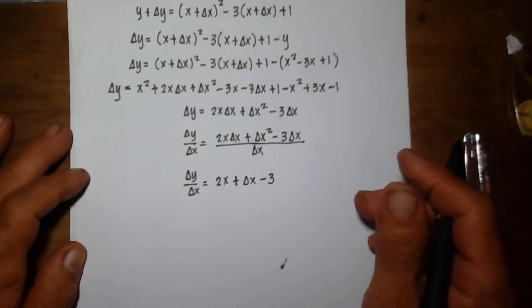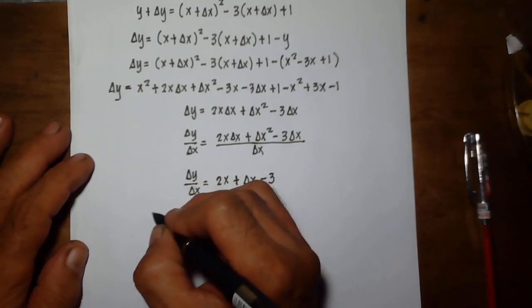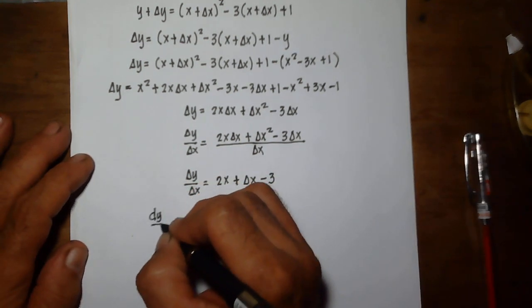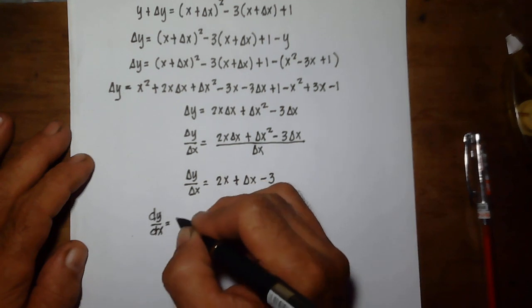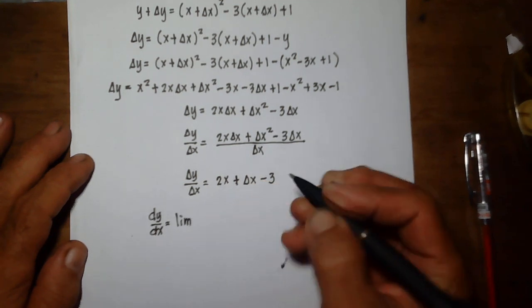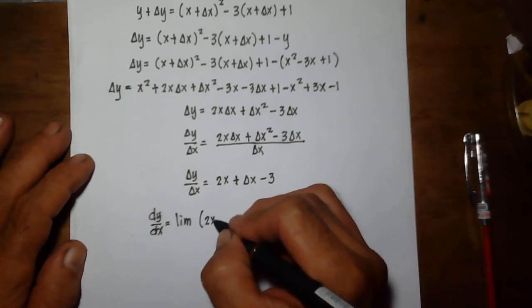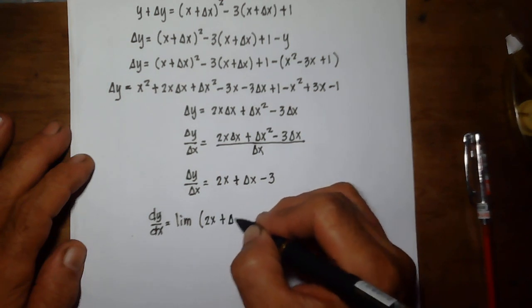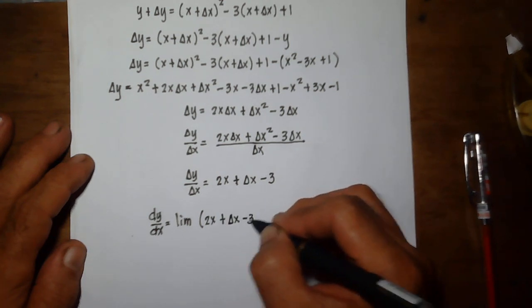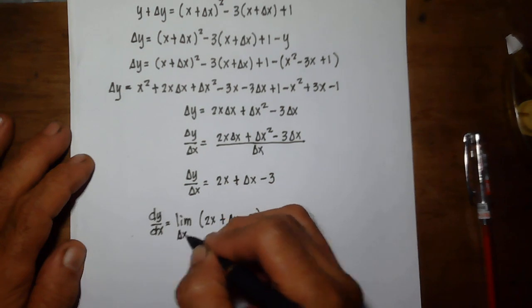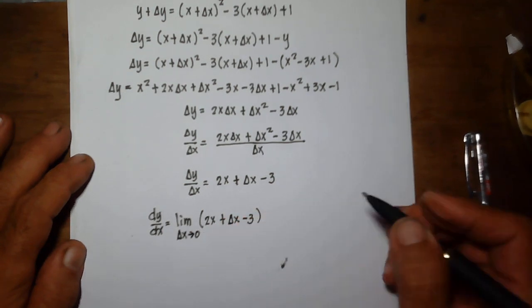Now, we solve for dy/dx. dy/dx is now equal to the limit of 2x plus delta x minus 3 as delta x approaches 0.